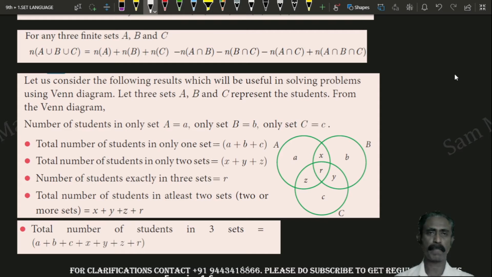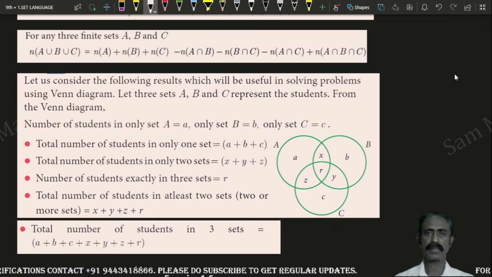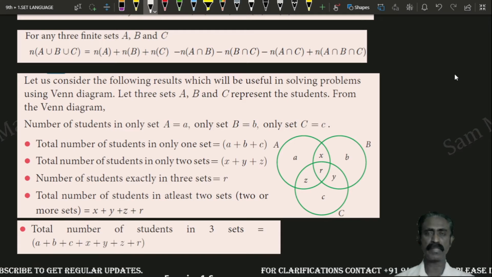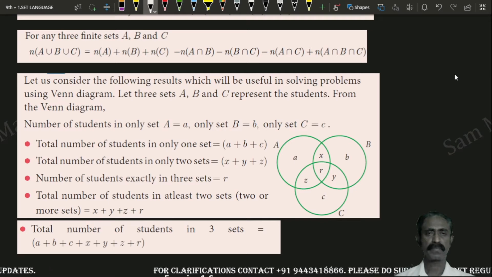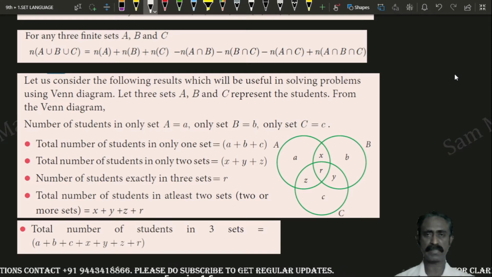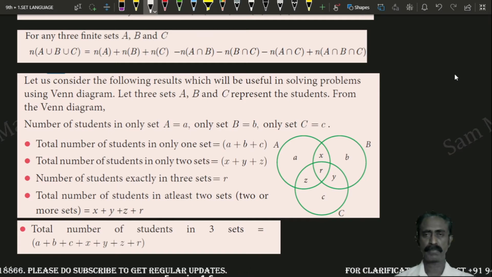From the Venn diagram, number of students in only set A is A, only set B is B, only set C is C. The total number of students in only one set means A plus B plus C. Total number of students in only two sets, that is the places are X plus Y plus Z. Number of students exactly in three sets is the middle one, it's R.